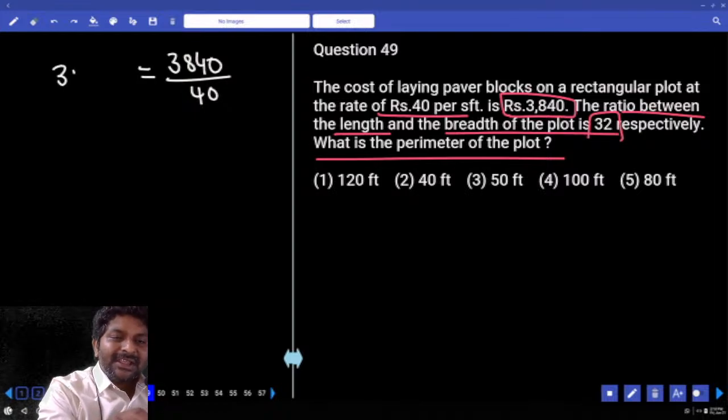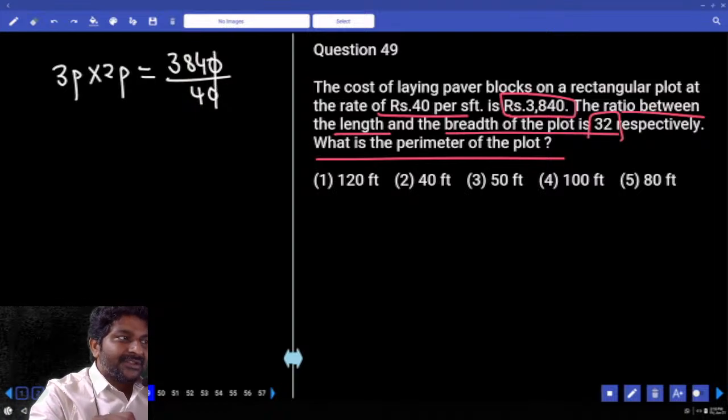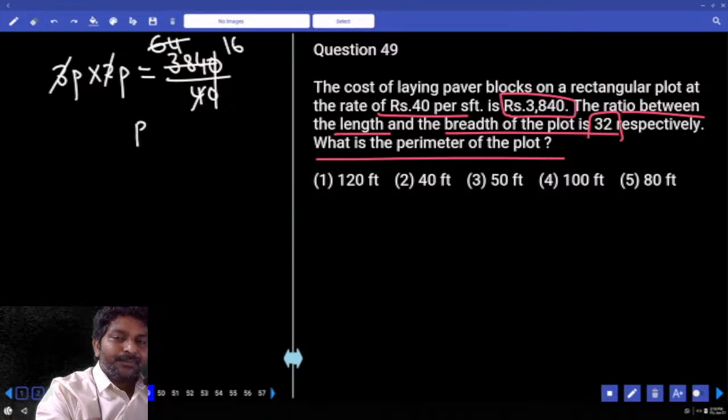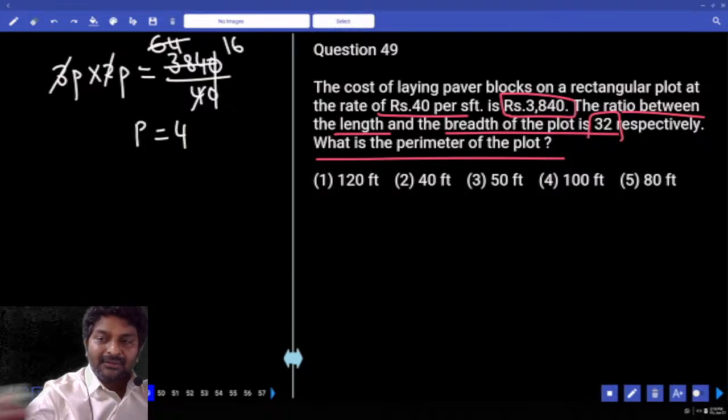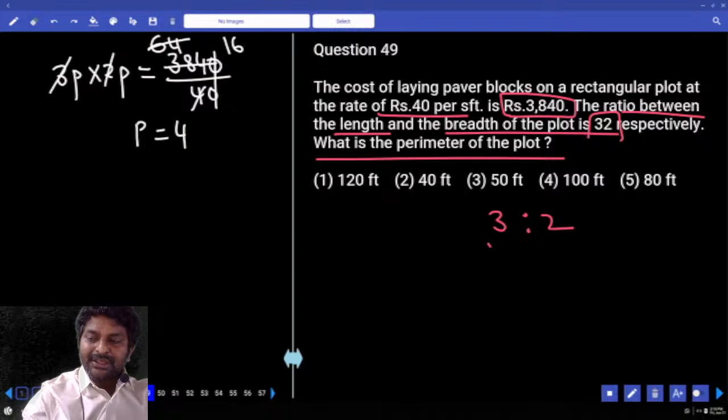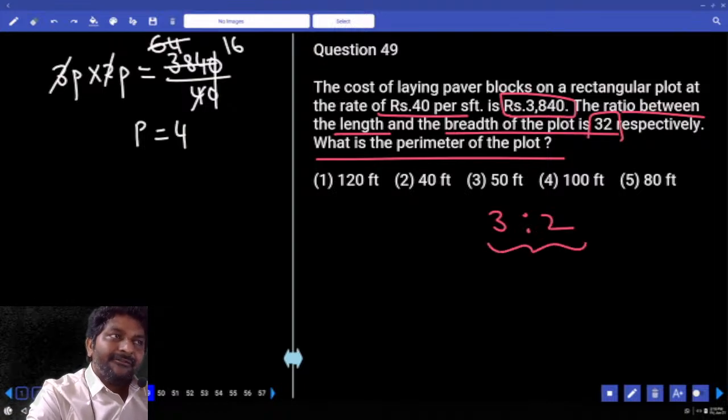That means 3 parts into 2 parts. 0 gets cancelled first of all. 2 into 3, 6. 6 times 6, 4 times 4, 16 times. Then one part is equal to 4. Now the question is to identify perimeter. If the ratio is 3 is to 2, L plus B is how many parts? 5 parts. Then perimeter? 10 parts is equal to 40.